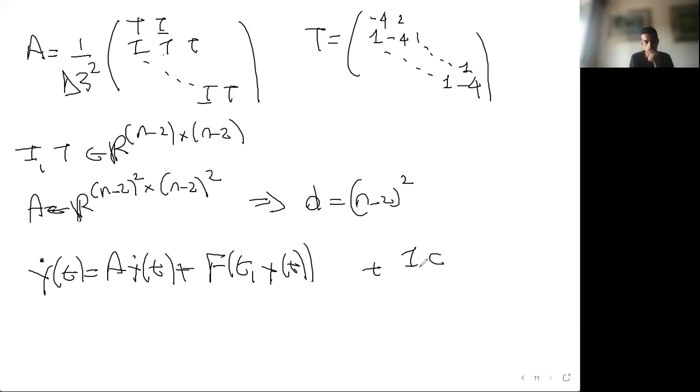Plus initial conditions, where y(t) now is a vector of dimension R^d. And in particular, this is going to be something like y11, y12, yn1. I'm sorry, it's the other way around.